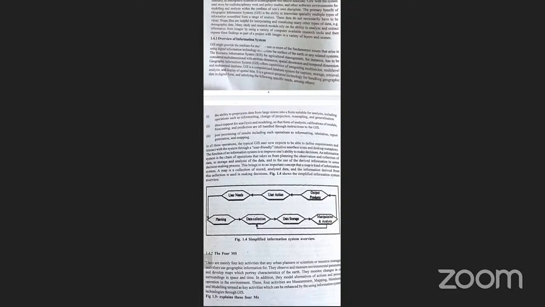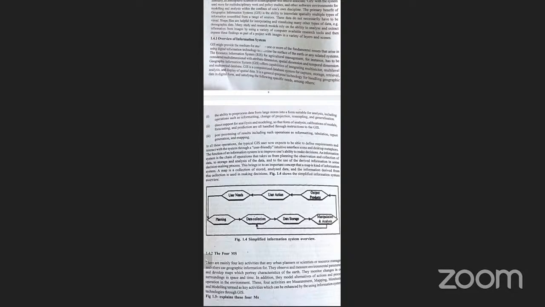GIS is a computerized database system for the capture, storage, retrieval, analysis, and display of spatial data. It is a general purpose technology for handling geographic data in digital form, and it satisfies our specific needs.